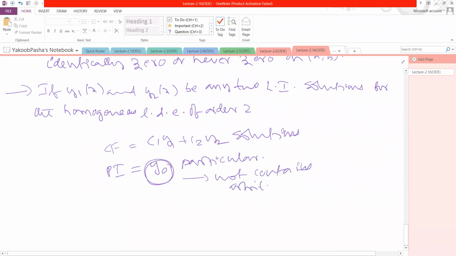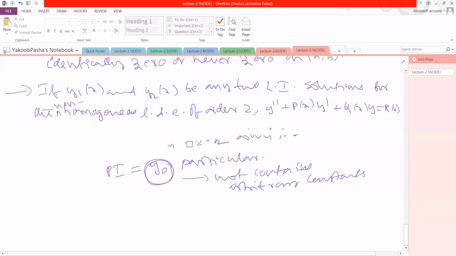Arbitrary constant. In polytechnic, this question was asked. When y1, y2 are any two linearly independent solutions for the non-homogeneous linear differential equation of order 2, that is y double dash plus p of x into y dash plus q of x into y is equal to r of x, this is non-homogeneous, that means r of x is not equal to 0.